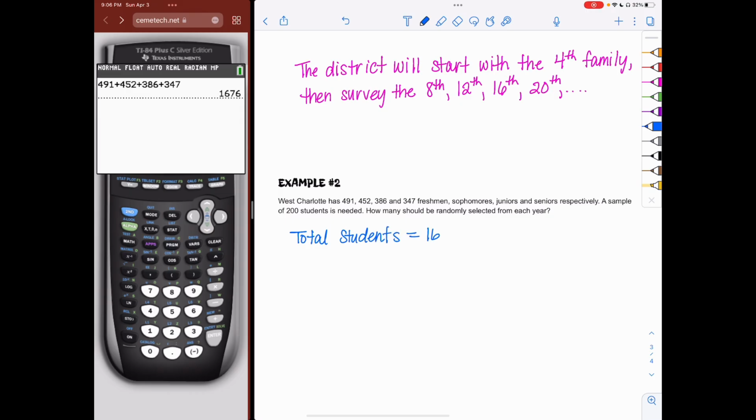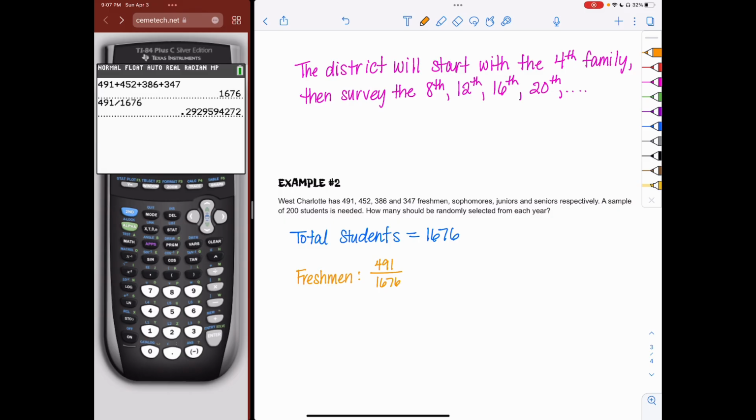So what we have to figure out is what fraction should be represented by each year. Looking at the freshmen, I will take 491 and divide it by 1676, and that will give me the fraction of my students that should be freshmen.